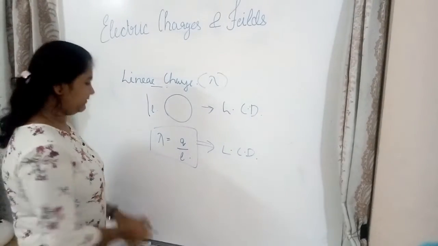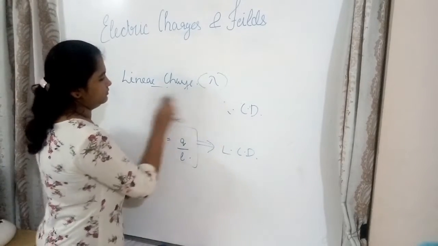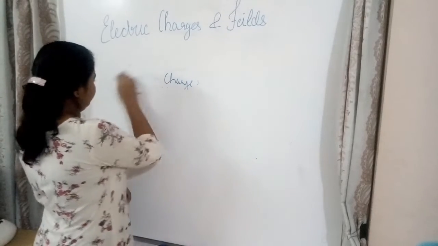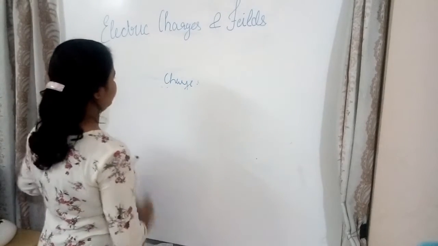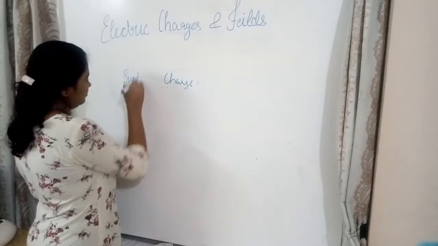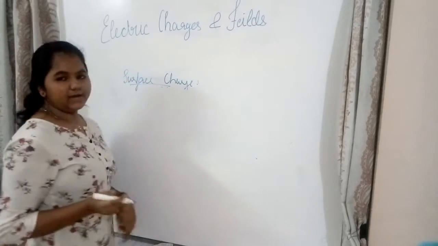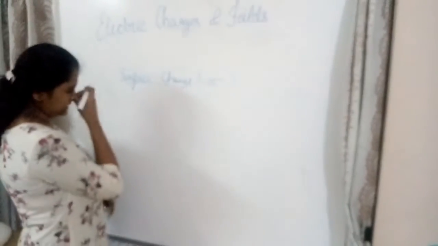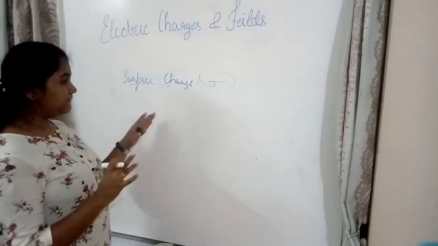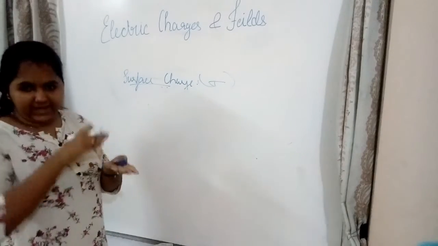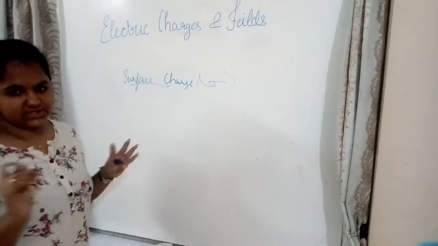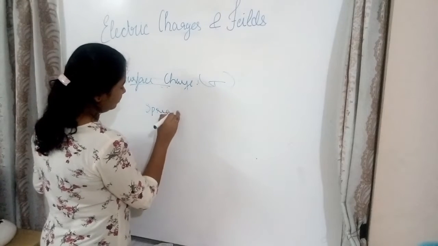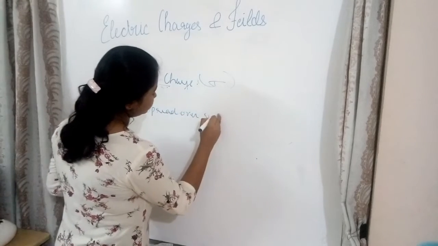Now we learn about surface charge distribution. Surface charge distribution is represented by sigma. What is surface charge distribution? If the charge is distributed over a plane or a surface, it's known as surface charge distribution.